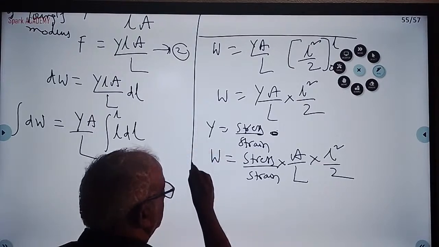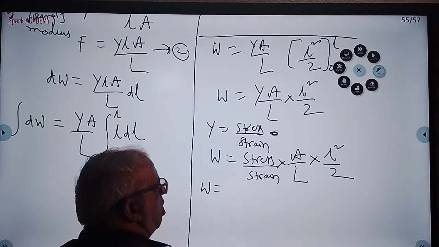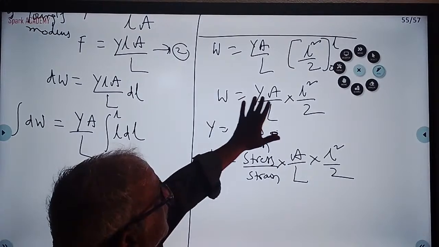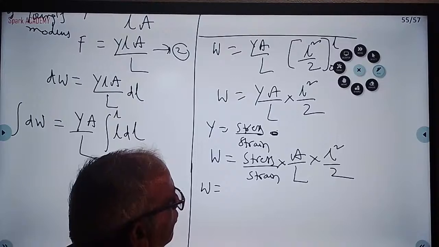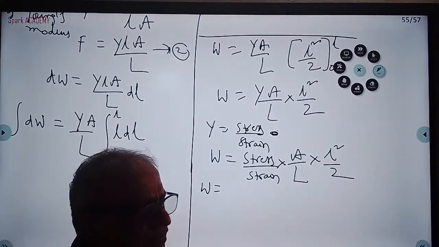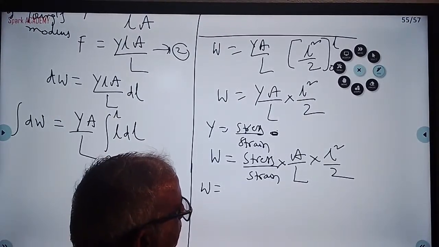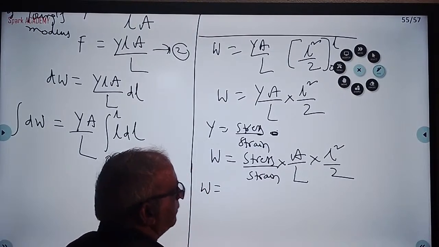Okay, students, up to this it is easy to understand, but from here onwards you have to do some modification, because I want the answer in terms of stress, strain and volume.